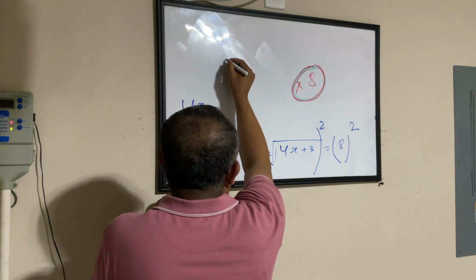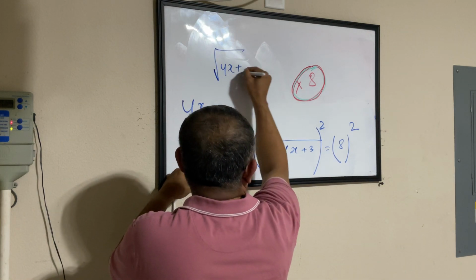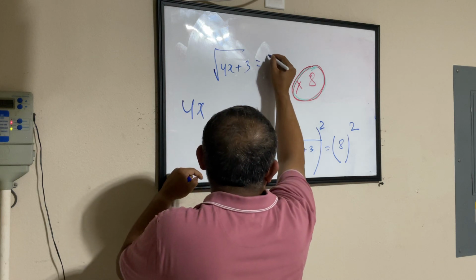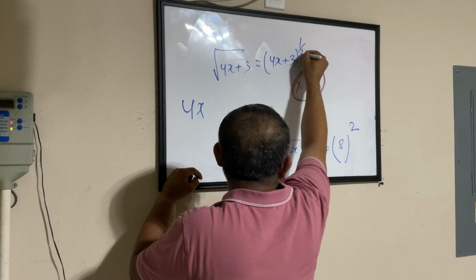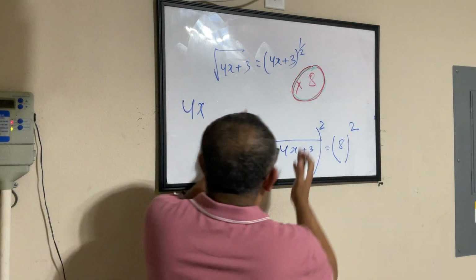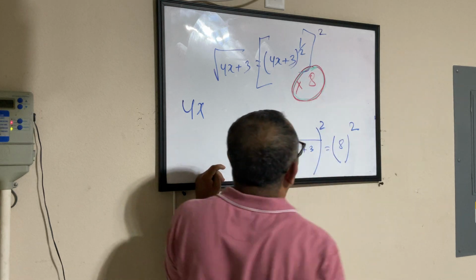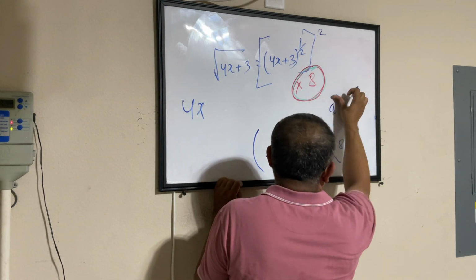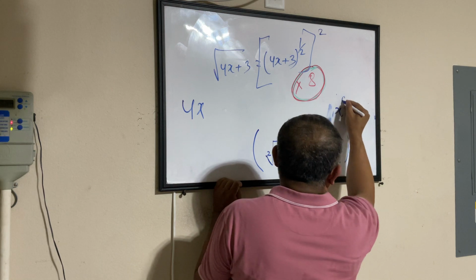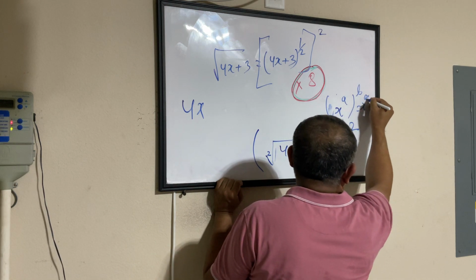Or the exponents way, if you guys remember, something like this is as good as something to the power 1 by 2. And you have something to the power 1 by 2 and to the power 2. If you remember the exponent formula, x to the power a, this whole thing to the power b becomes x to the power a times b.